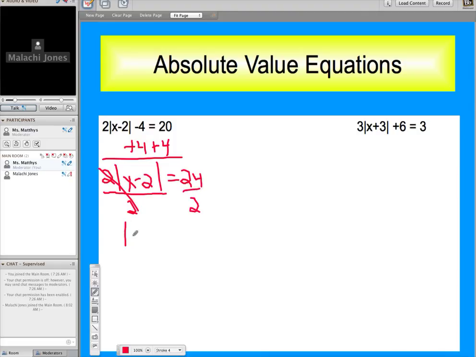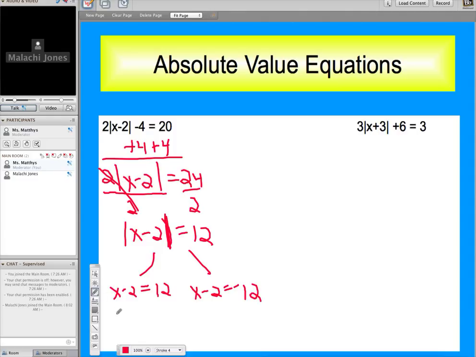So now we have the absolute value of x minus 2 equals, what is 24 divided by 2? 12. Yep. All right, we're ready. What are my two equations? X minus 2 equals 12, and x minus 2 equals -12. Good. What am I going to do to solve here? Add 2.